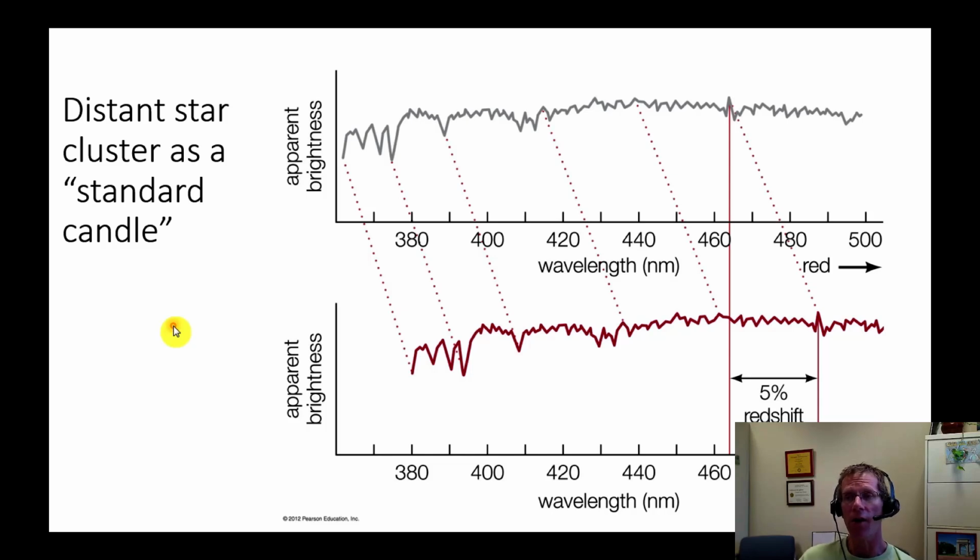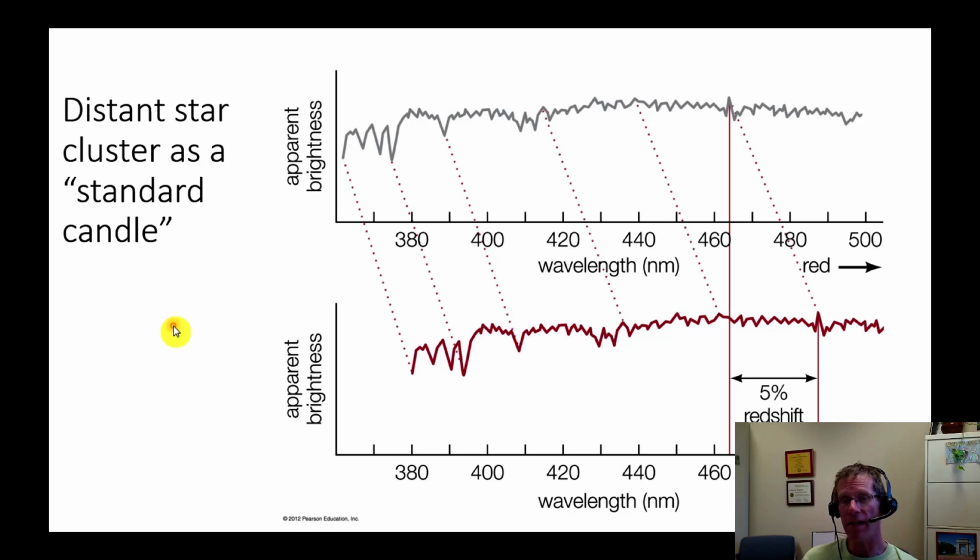Hubble noticed that in distant galaxies, he could use star clusters that orbit those galaxies as standard candles, because globular clusters formed at about the same time, so they have a predicted luminosity. And because Hubble or anybody could measure the luminosity as viewed from Earth, you know the actual luminosity, you know the predicted luminosity, you can determine the distance.